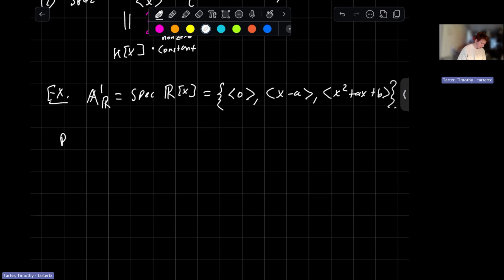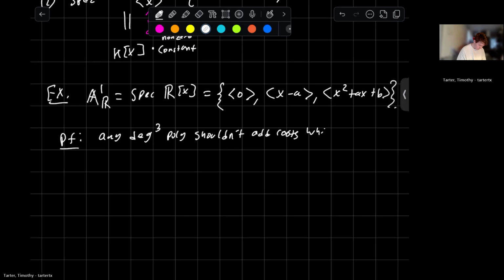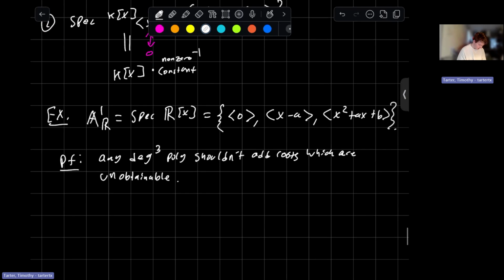This is basically a proof sketch: any degree 3 polynomial shouldn't add roots that are unobtainable, I think.